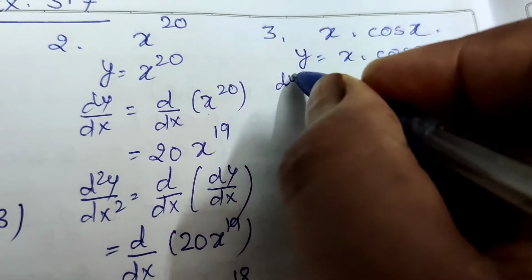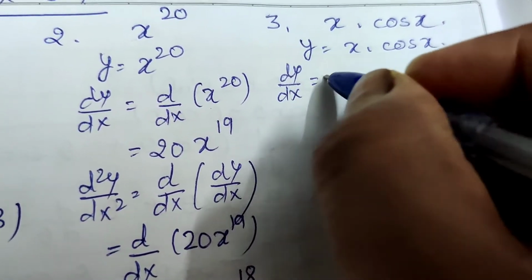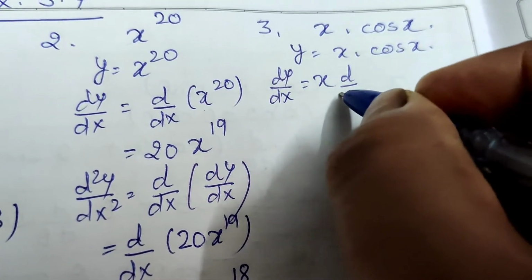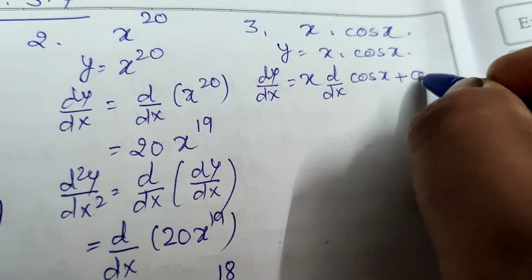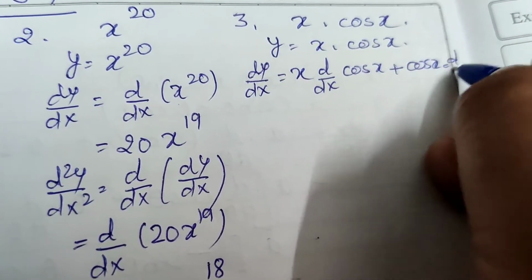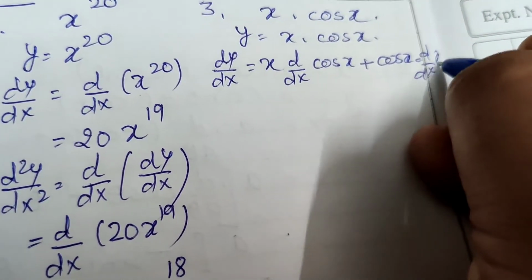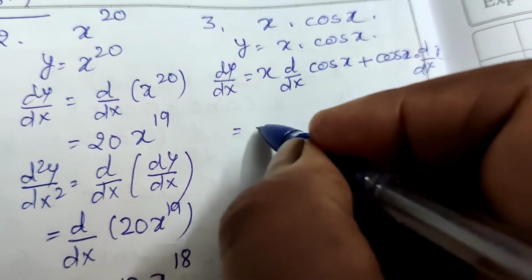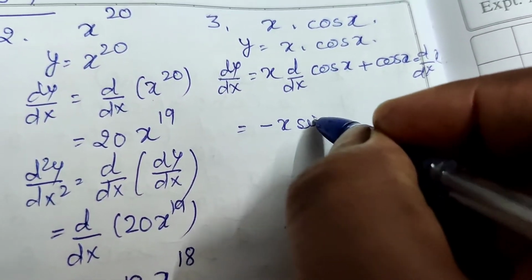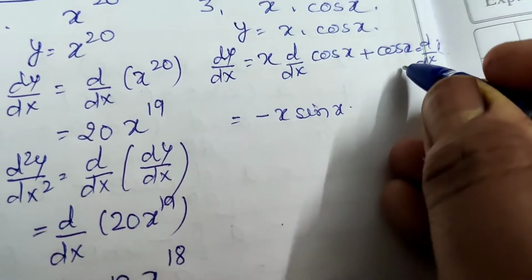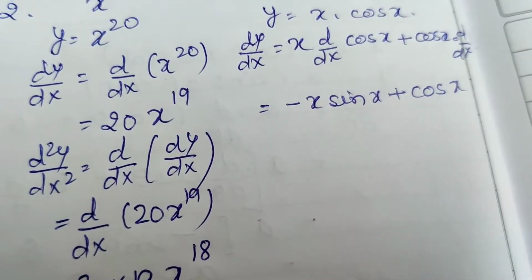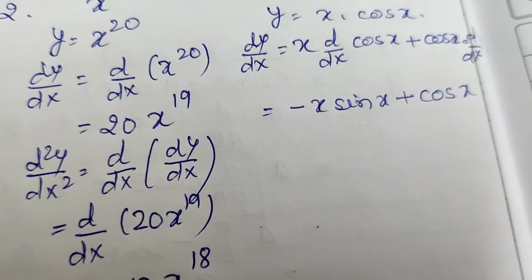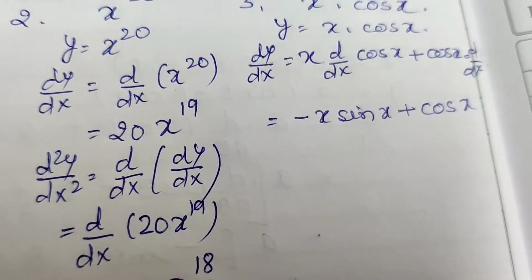So dy over dx equals first function times differentiation of cos x, minus x sin x, plus cos x times differentiation of x. This is the first differentiation: minus x sin x plus cos x.